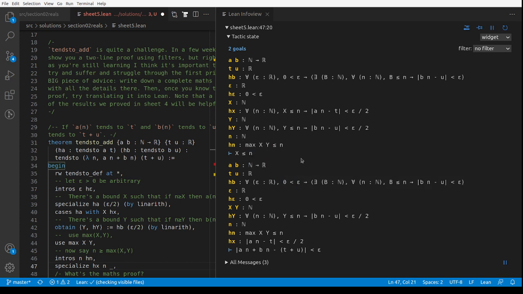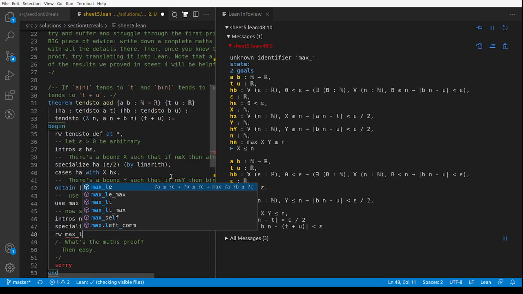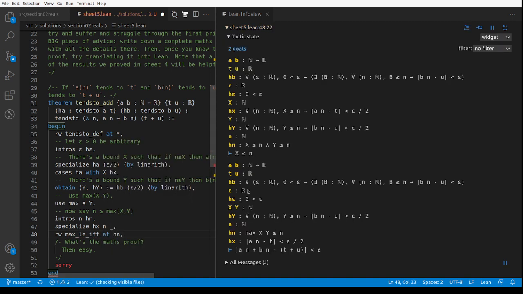And in the previous example sheet, I showed you what to do with a hypothesis of the form max x y is less than or equal to n. We can rewrite with what was it called? max_le_iff, I think it was, at hn. There, you see. So this hn used to be the hypothesis that n was at least the max of x and y, but using this lemma that's in the library, max a b is less than or equal to c if and only if a is less than or equal to c and b is less than or equal to c.